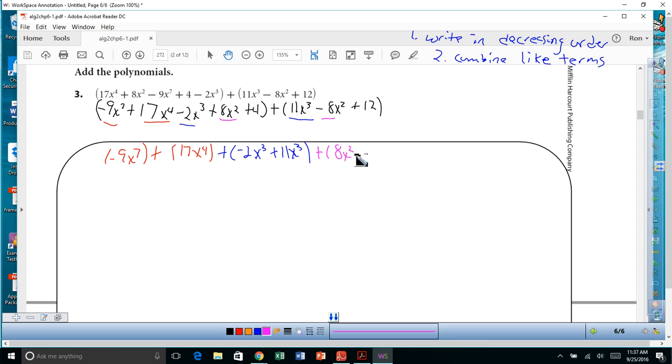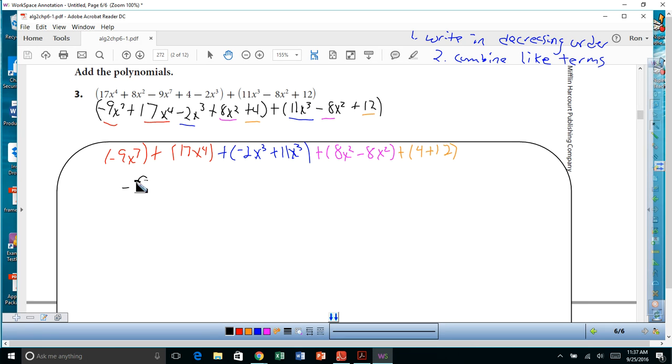And then we have a 4 here and a 12 there. So plus 4 plus 12. What is our final answer now that we combine those?